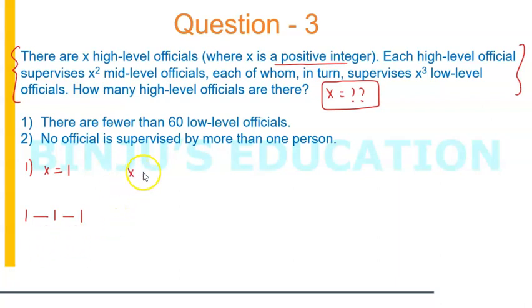Second thing that we can do is take X is equal to 2, so we have 2 high level officials. Now each of them will have 4 mid level officials: 1, 2, 3, 4.